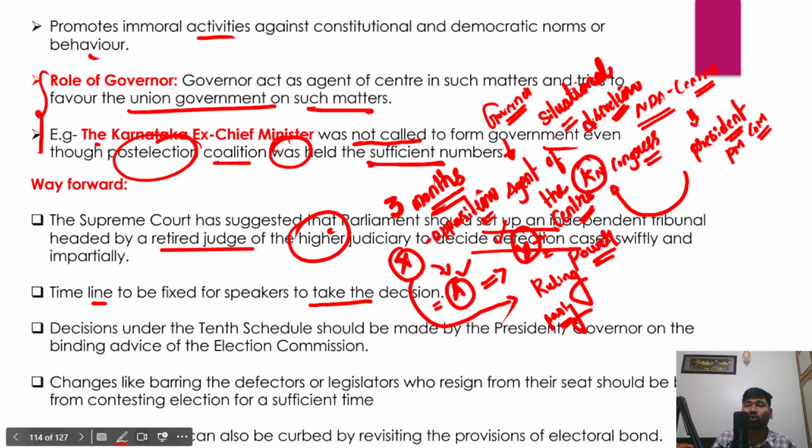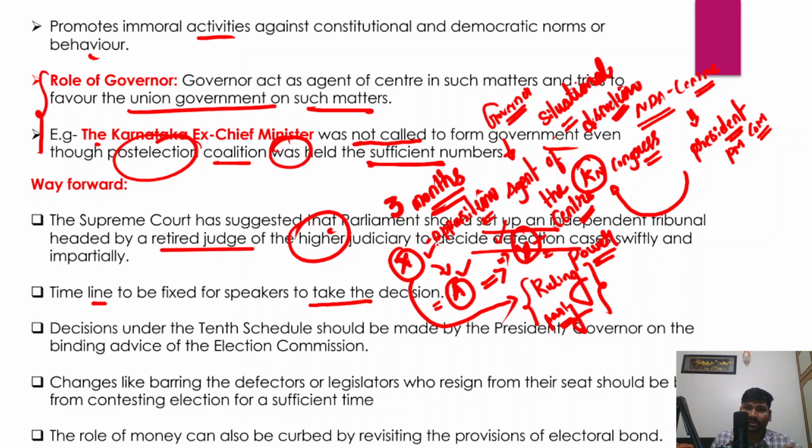So therefore it could actually claim for the formation of the government. However, here the problem is that speaker is from the ruling party. He is not acting on the anti-defection petition that has been filed with the speaker by the political party X.